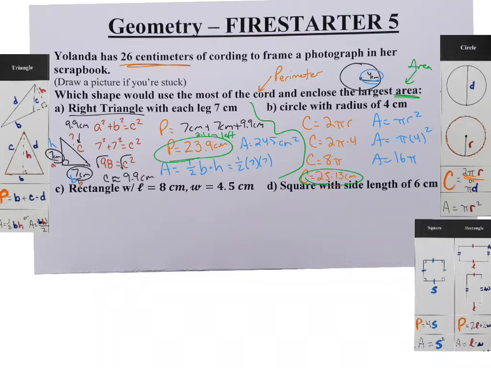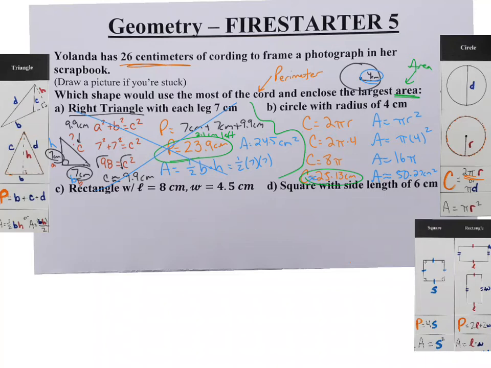So area is about, and I should put an approximate symbol here, 50.27 square centimeters. So this one is definitely off the table, because not only does it use more of the chord, it has way more area, almost double the area comparatively.